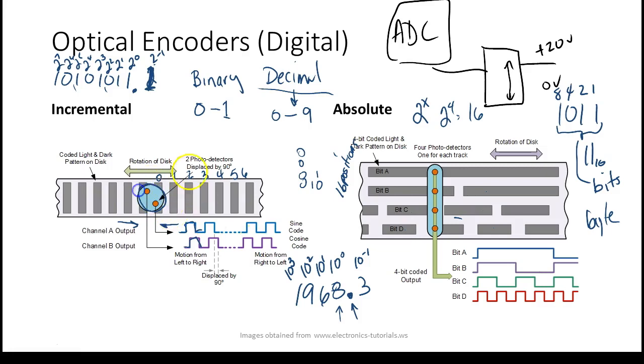Either what we're measuring, either the scale is fixed and the sensors move, which happens on most dot matrix printers, or the sensors move and the scale is stationary. One of them is going to move and one of them is going to be stationary.